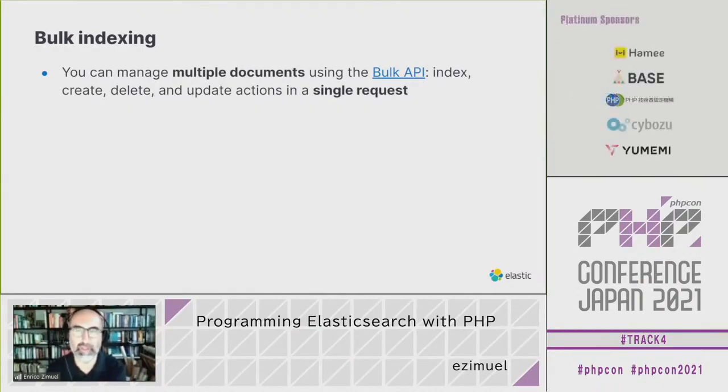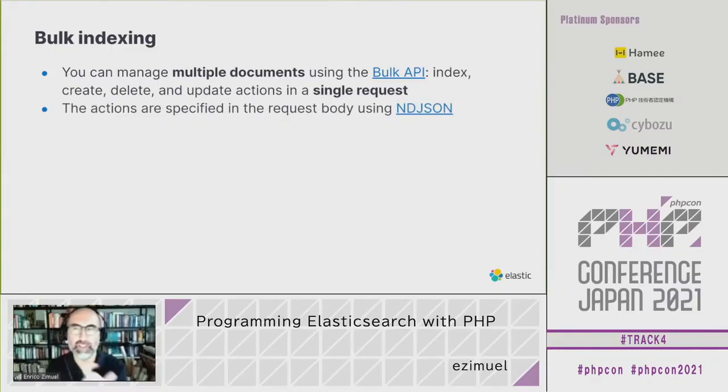Very convenient. It uses the ND-JSON format because, if each document is a JSON, we need to provide multiple JSON in the HTTP connection, and this is named ND-JSON. Basically every document is separated by a different line.